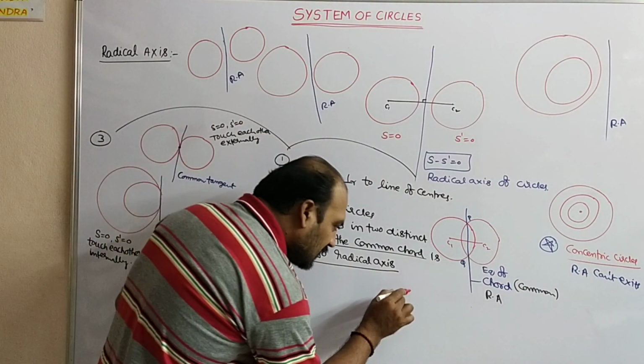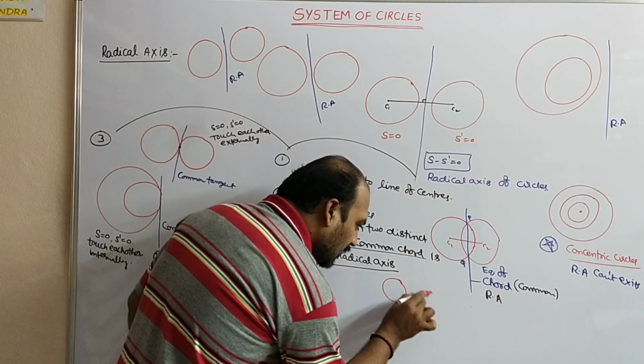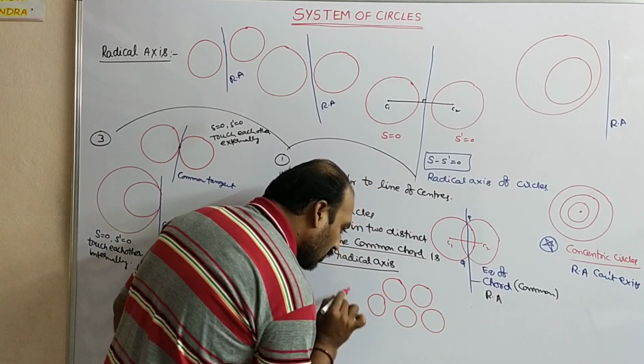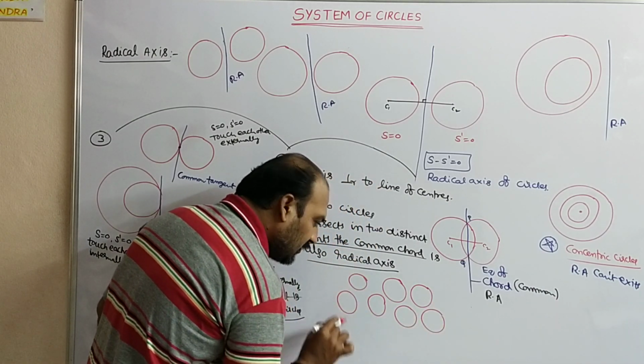And one more important property regarding radical axis. Suppose n number of circles are there: first circle, second circle, third circle, fourth circle, and so on.